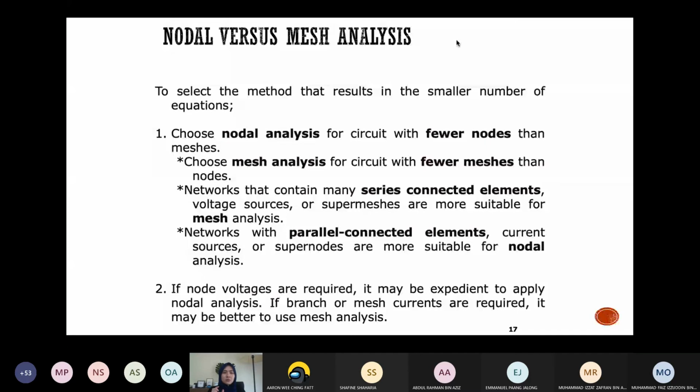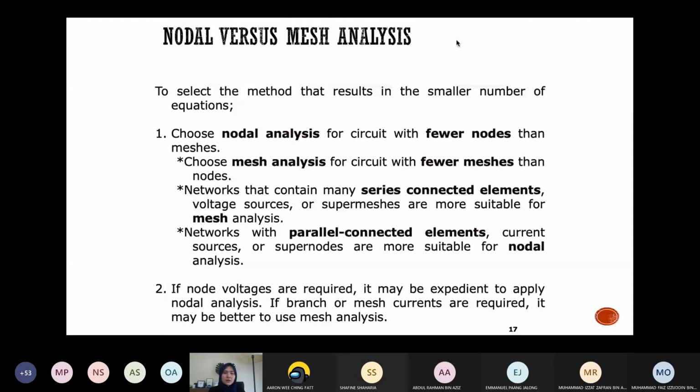If the circuit has fewer nodes compared to meshes, it is better to use nodal analysis. However, if the circuit has fewer meshes compared to nodes, then it's better to use mesh analysis.